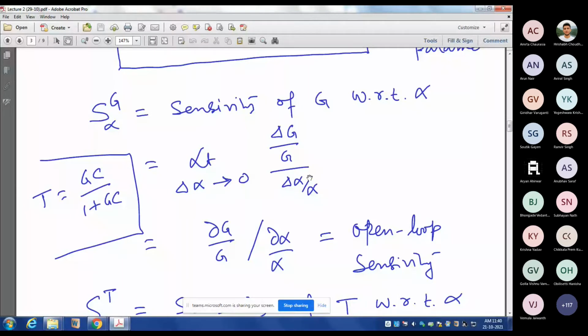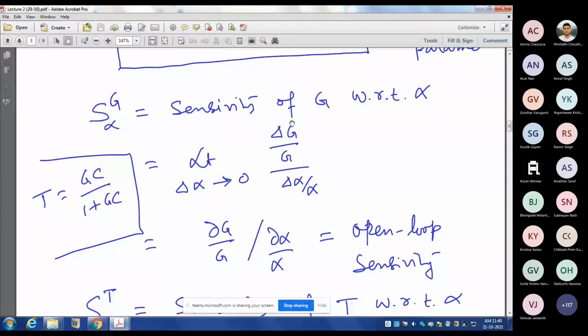What is the meaning of this? If there is any percentage change in the parameter alpha, then what is the percentage change in the plant transfer function? This is the percentage change in alpha, this is the percentage change in G.